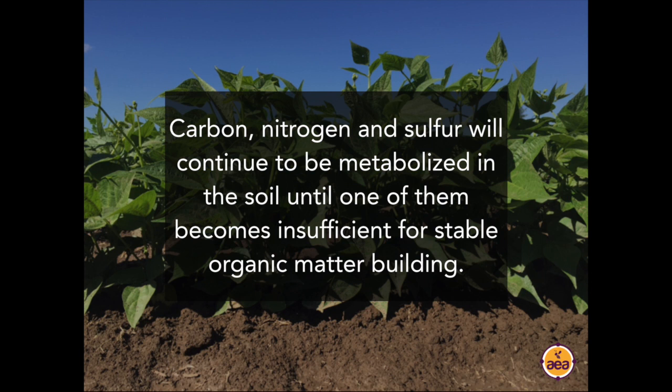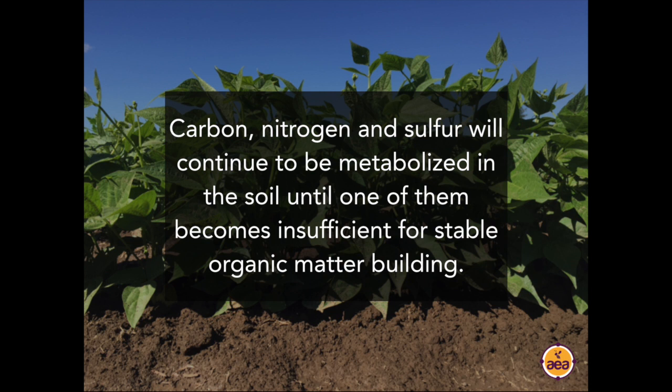What happens is when we have soils that don't have adequate sulfur, then essentially these three elements, nitrogen, carbon, and sulfur, will continue to be metabolized in the soil until they reach the lowest common denominator for stability. Any of those three could be the lowest, but most commonly we observe sulfur to be the lowest. So if you have 3,000 pounds of carbon and 100 pounds of nitrogen, you need 10 pounds of sulfur.